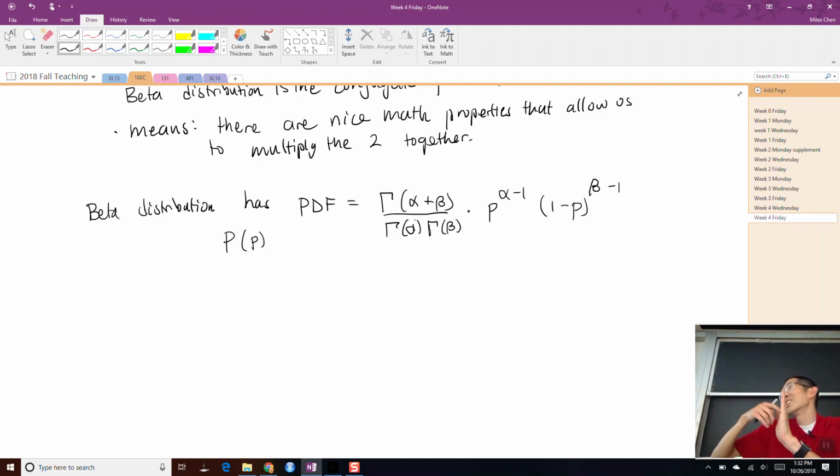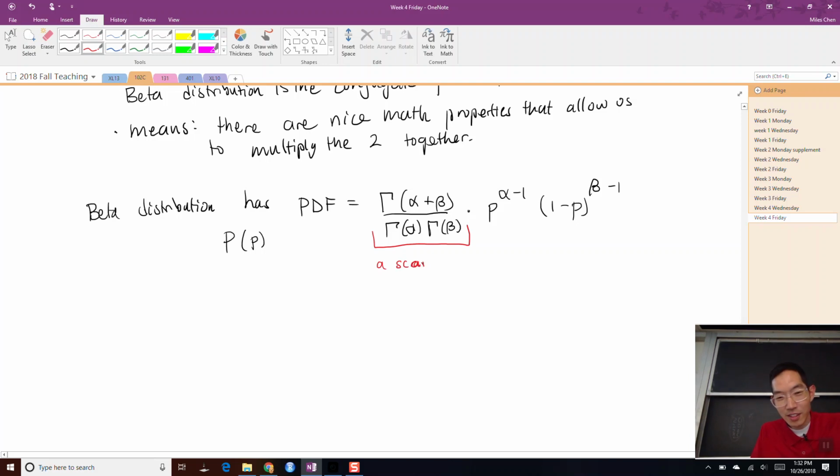It's a smooth function connecting the dots on the factorial. You don't even have to worry about that, because all this boils down to is a scary constant. Its only purpose is so the PDF integrates to 1.